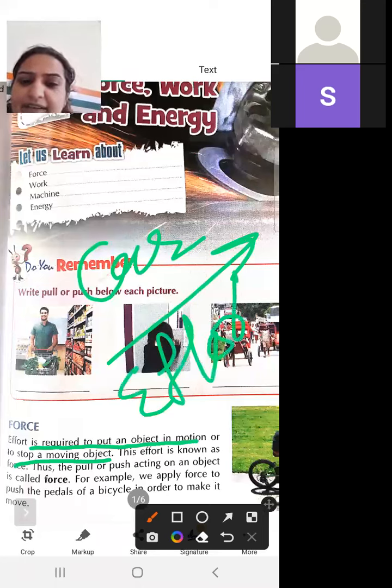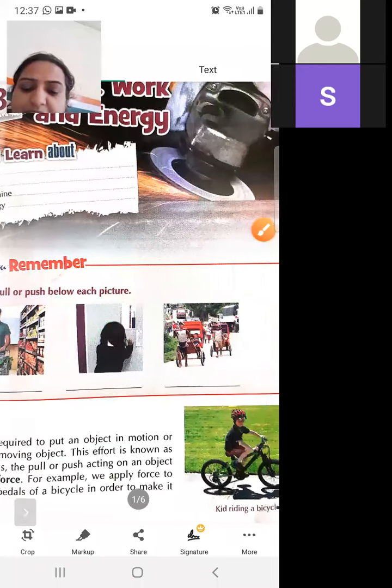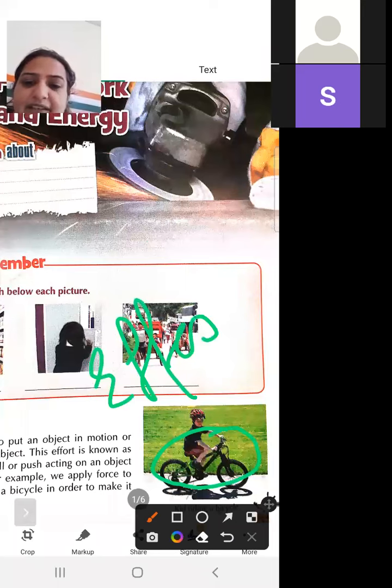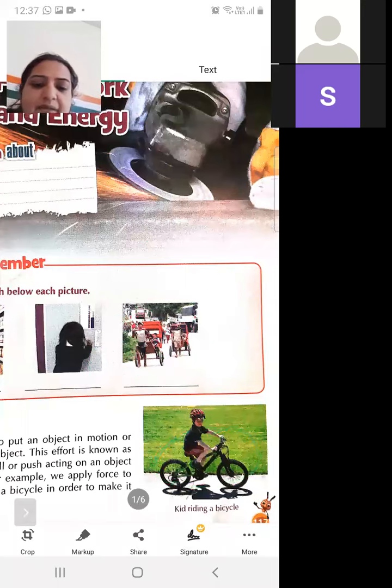Effort. And if you want to run the bicycle, as shown in the figure, what is required? Effort.